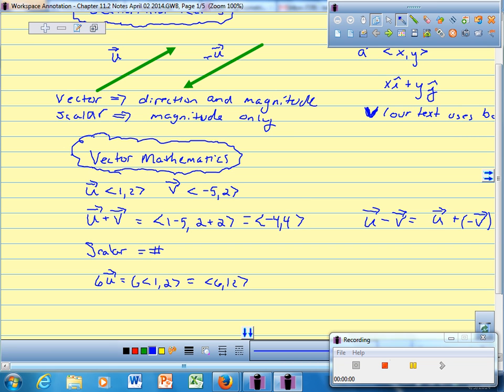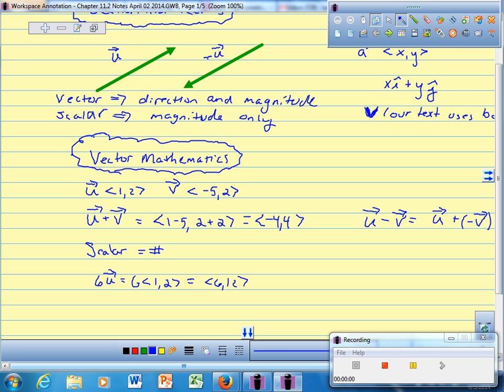All right, so if I have something like vector u is 1, 2, and vector v is negative 5, 2, if I want to add them, add the x's, add the y's. Easy enough. So we have 1 plus negative 5 and 2 plus 2, giving us negative 4, 4.